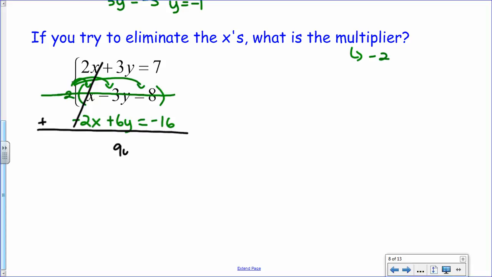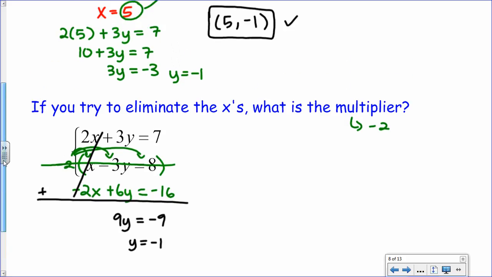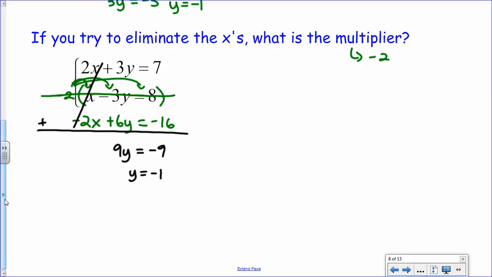So that gives me 9y equals negative 9. y is negative 1, which I knew it was negative 1. I already did the problem here. You back substitute and you get x equals 5. Okay, so we might have to multiply an equation sometimes.